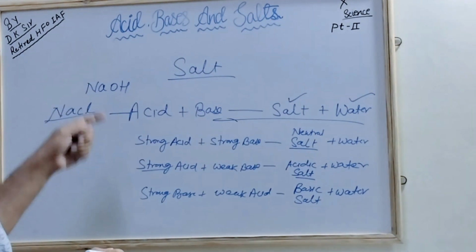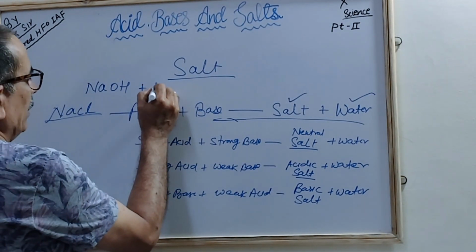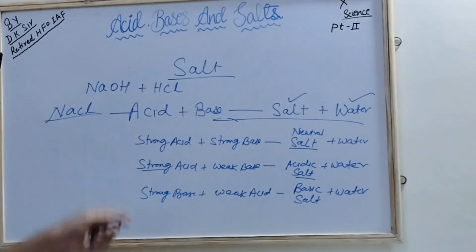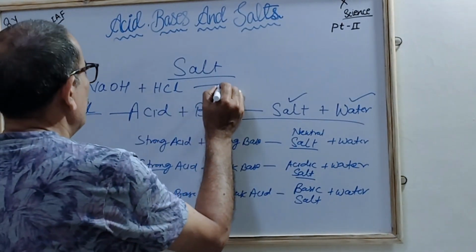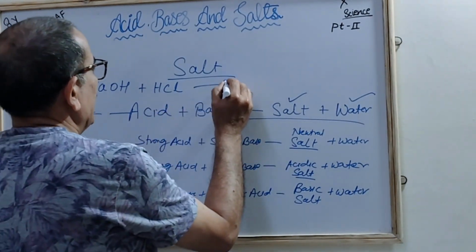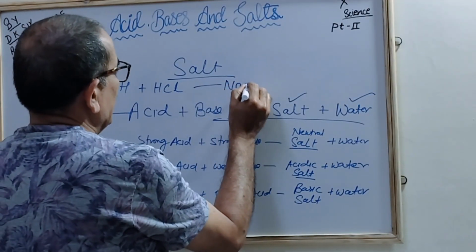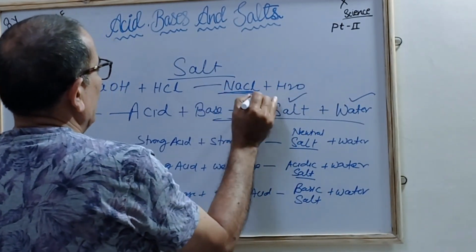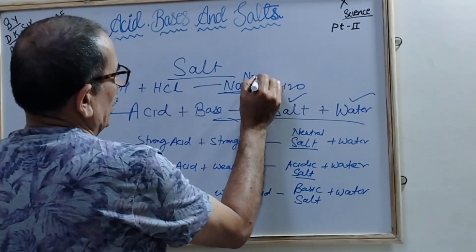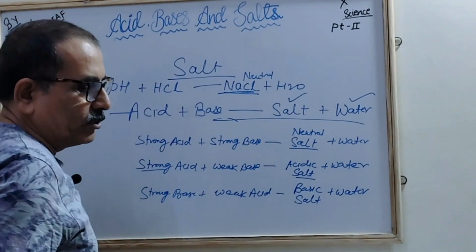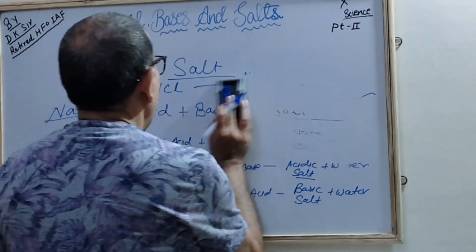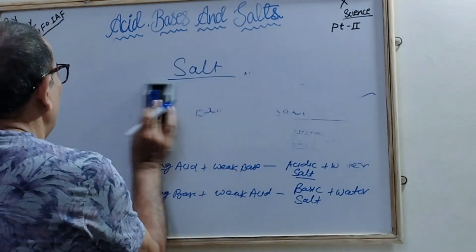The other we are using is HCl, hydrochloric acid, a strong acid. So it is going to make NaCl plus H2O. This becomes neutral because of that. Understood? It is a neutral salt, so we are using it. This we have understood about how the salt is being formed.